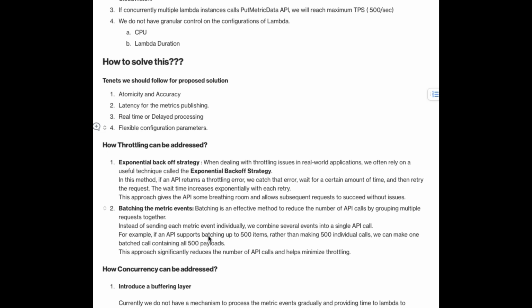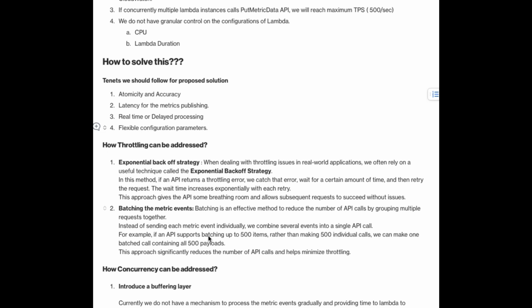And another mechanism that can be helpful to reduce this throttling problem is batching, right? Instead of calling an API for every event, we'll group those input events into a single API call. So this is going to reduce the TPS to the cloud.